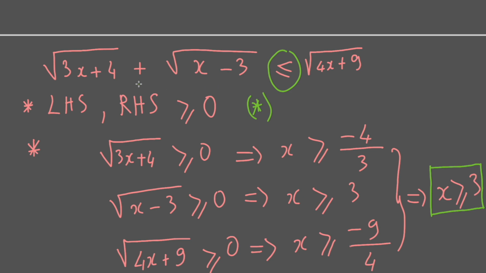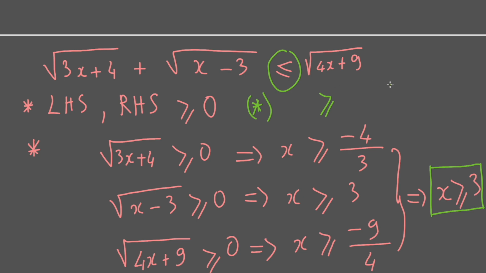Remember that if on one side we don't know whether it is a negative or positive number, and the other is always a positive number, then if you square both sides, the sign can be changed to greater, not smaller anymore.